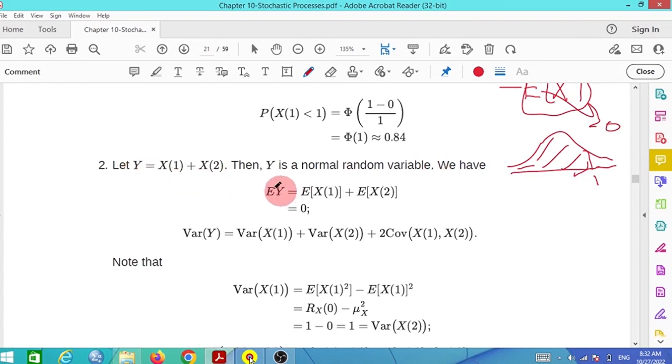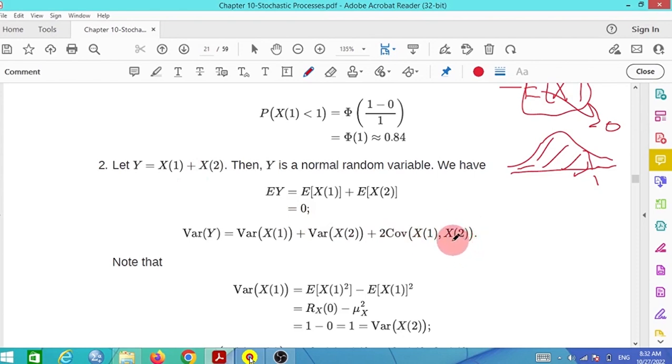The mean of Y is the sum of the means, 0. The variance is variance of Xt1 plus variance of Xt2 plus 2 covariance.